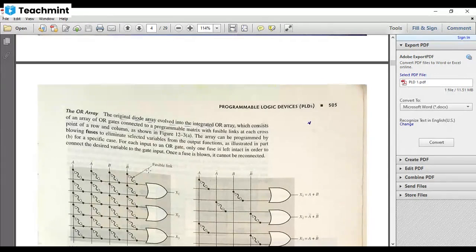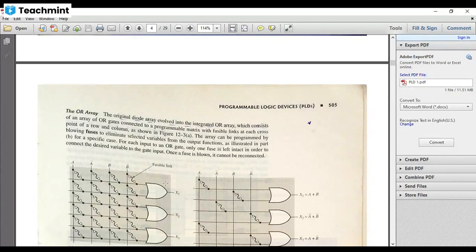This is the structure of the programmable array. And for PLD devices, these programmable arrays are of two types: the programmable OR array and the programmable AND array.